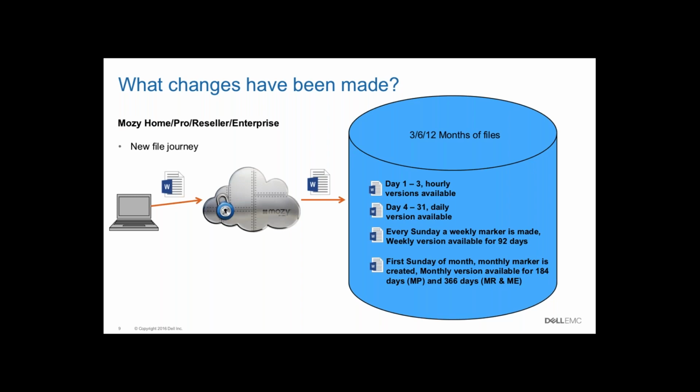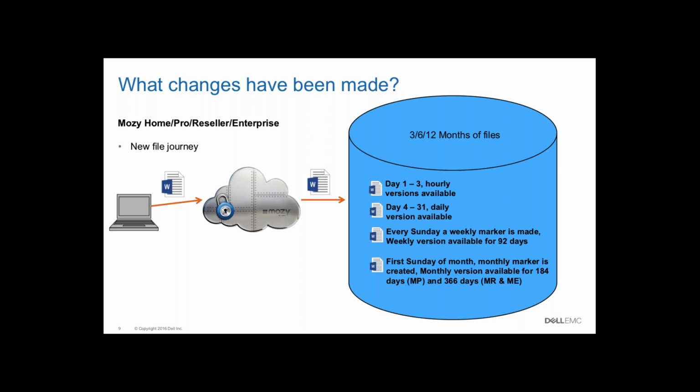Going into months 2 and 3, I will have a weekly version that I can restore. So for the first 30 days back into the past, I will be able to restore a daily version each day. I could pick one day in that 30-day period and restore from that point. When I go into months 2 and 3, I will have weekly versions.